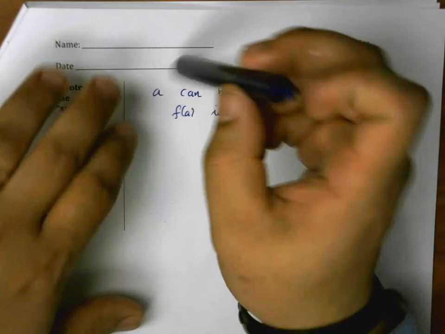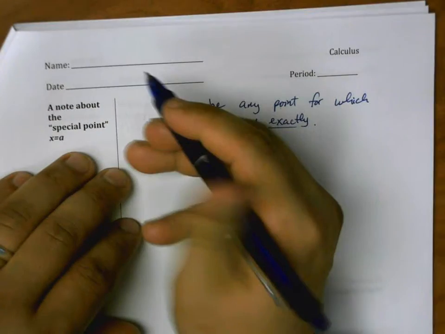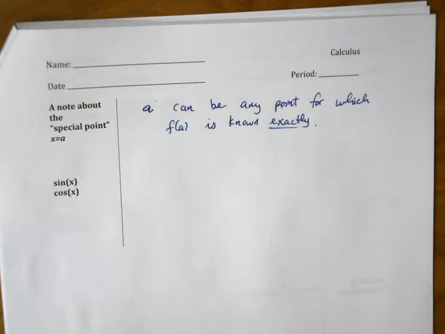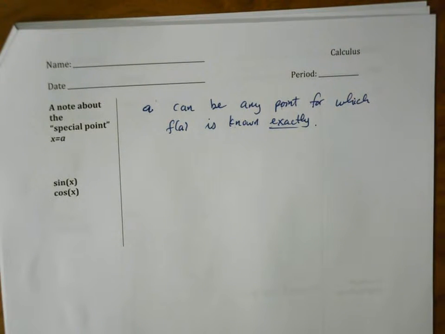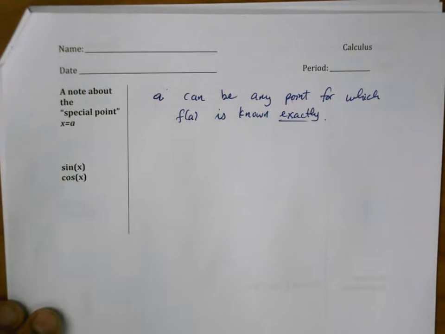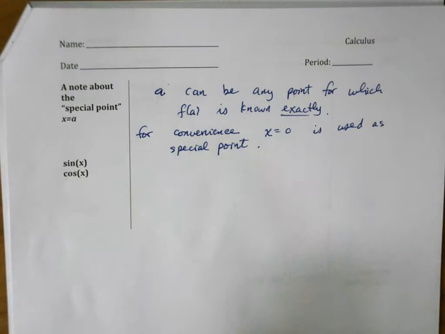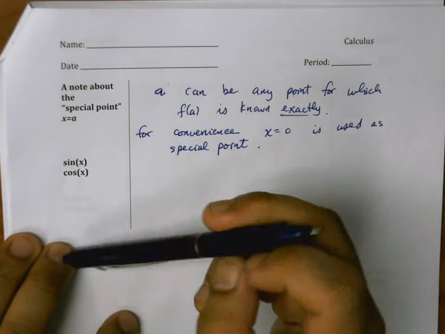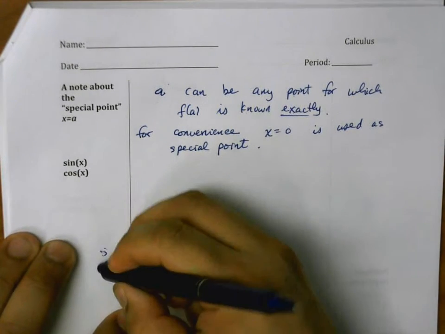For convenience, we often use 0. And I'll show you how the sine function is used in that way. So let's apply what we know so far about the sine function.